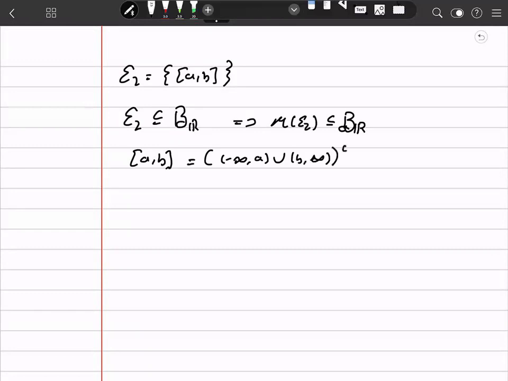We know that these two are in the Borel sigma algebra, and their complement will be AB, the closed interval. So this does show that E2 is contained within the Borel sigma algebra. Now we want to show that the Borel sigma algebra on R is contained within the sigma algebra generated by E2.